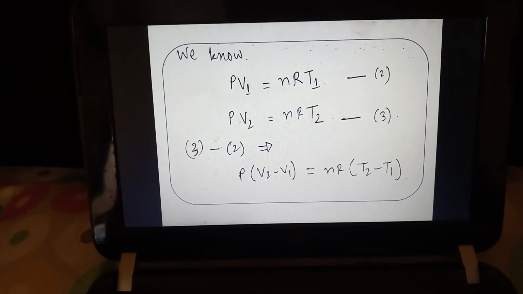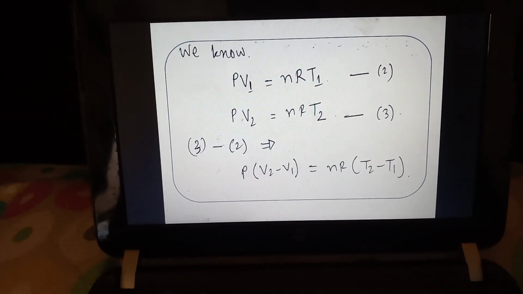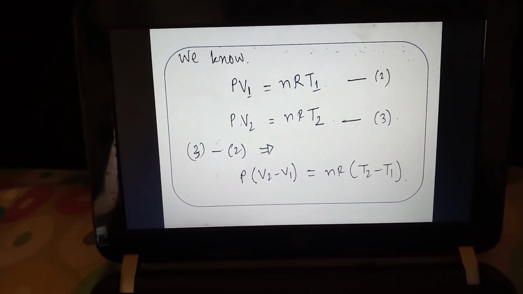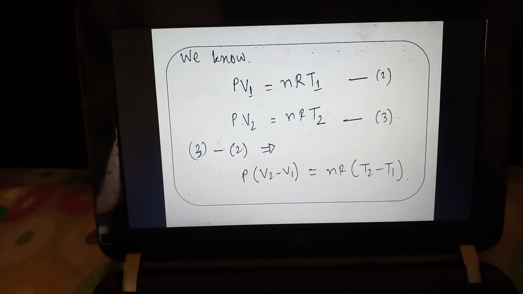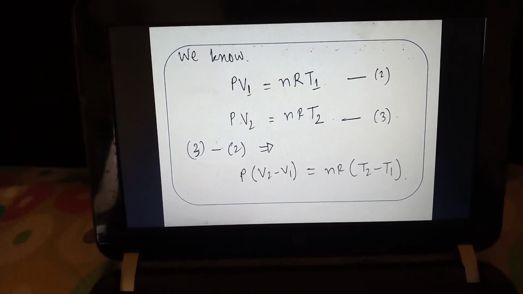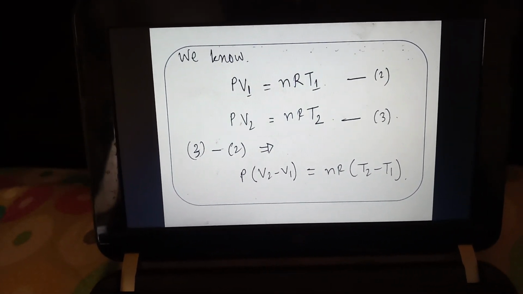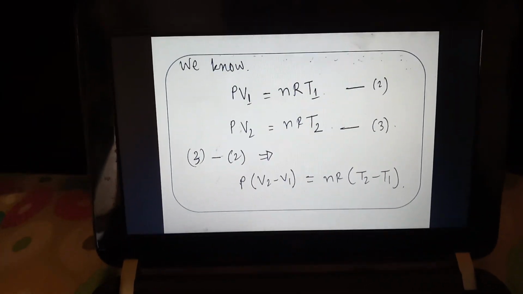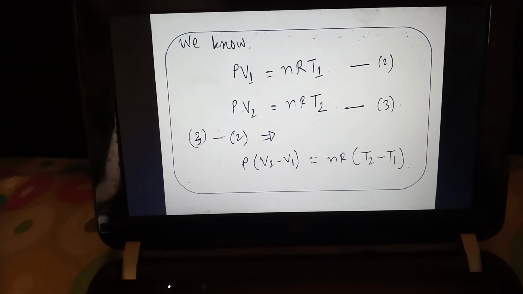This is equation 3. Subtracting equation 2 from equation 3, we get P into (V2 minus V1) equal to nR into (T2 minus T1).